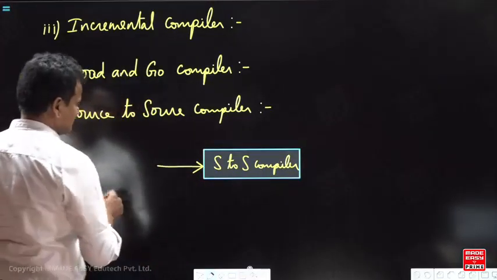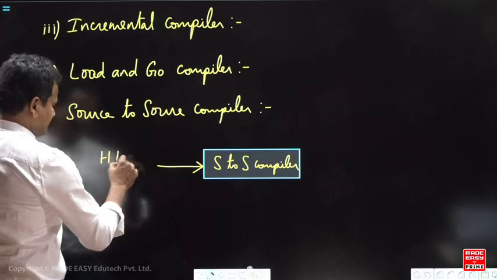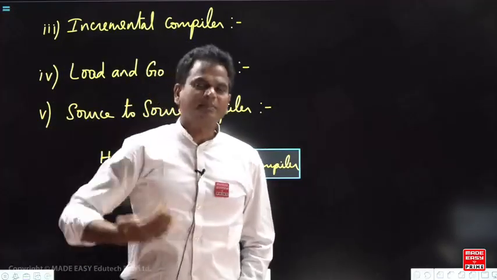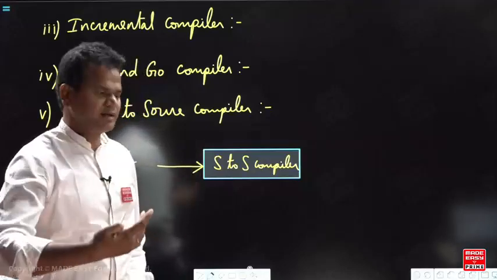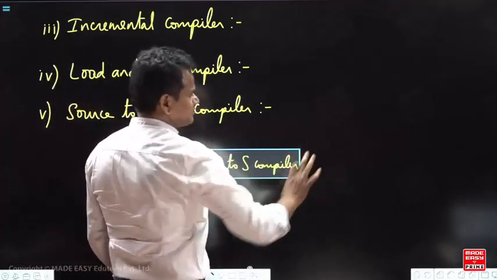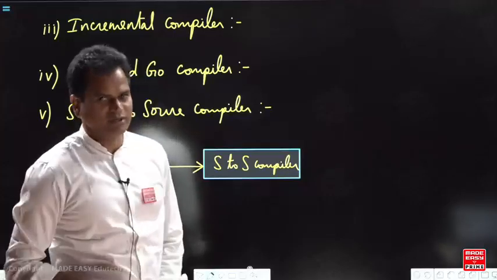A compiler takes one language, a high level language, as input and converts it into another language, a low level language.